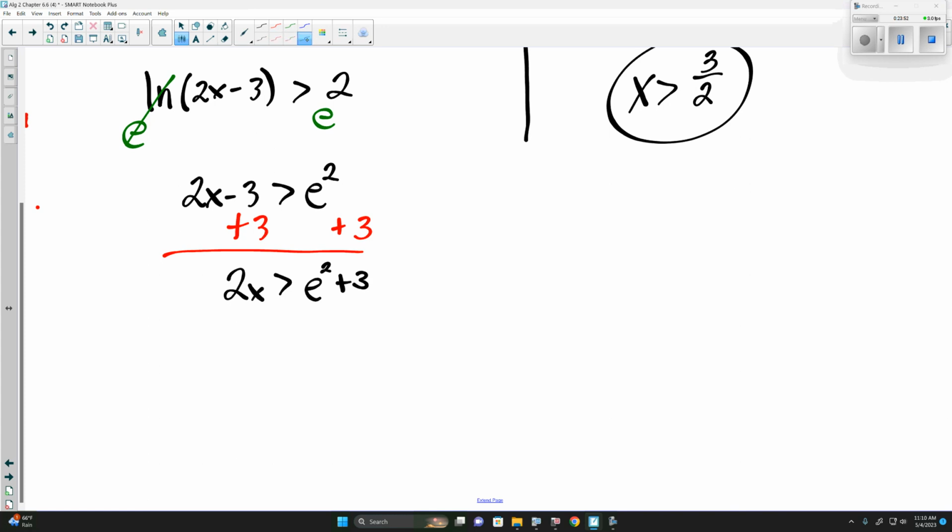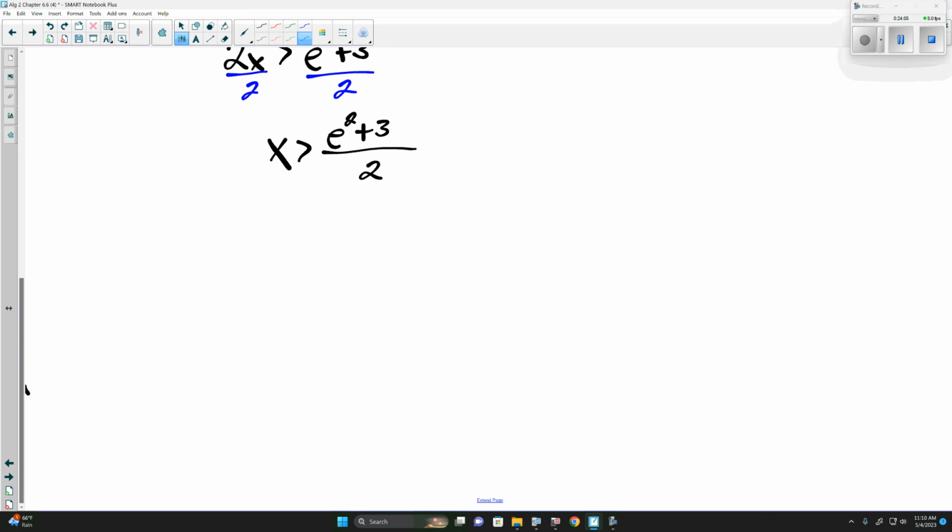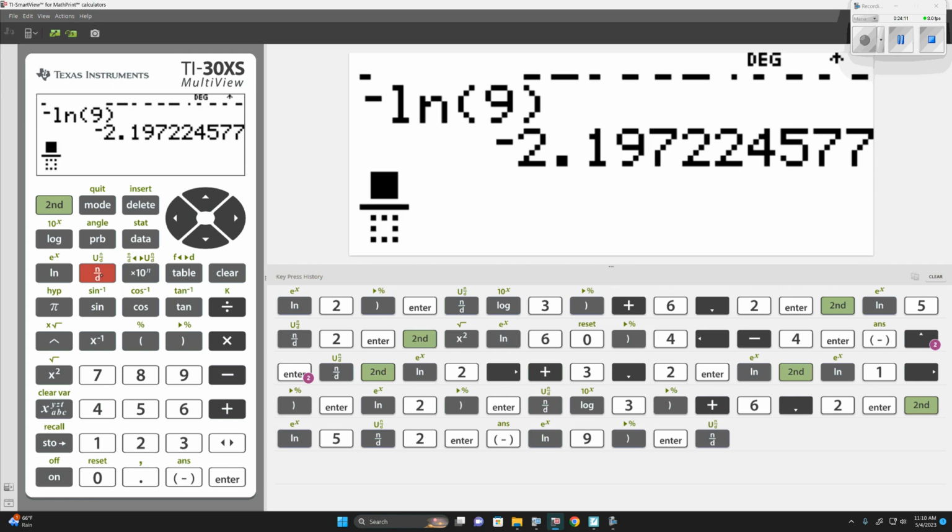And last but not least, telling us that x is greater than e squared plus 3 over 2. Now it'll be good to put it in the calculator to see exactly what this value is.